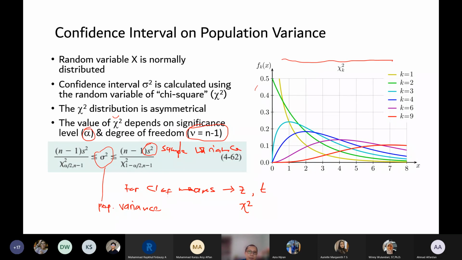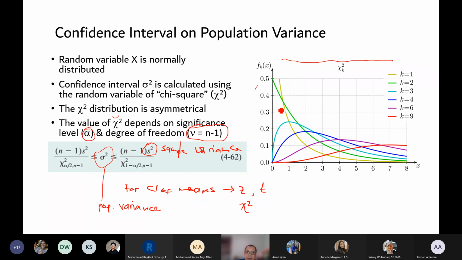Right? So again, this is an application of the central limit theorem. There's a correlation between sample statistics and population parameter. In this case, this is a correlation between population variance and sample variance.